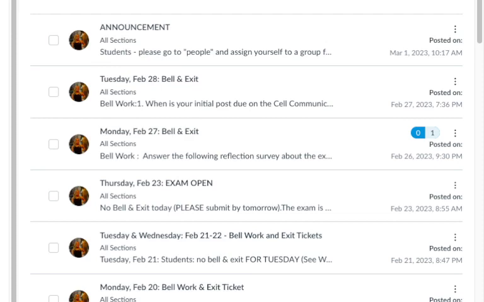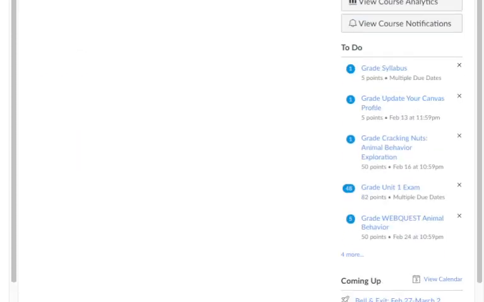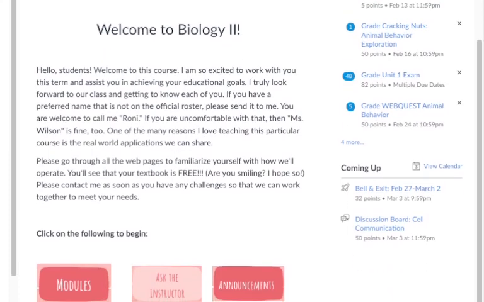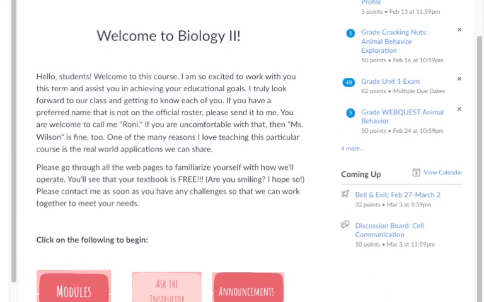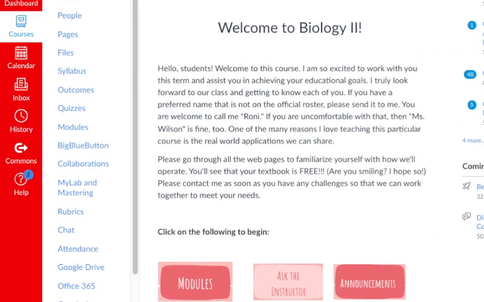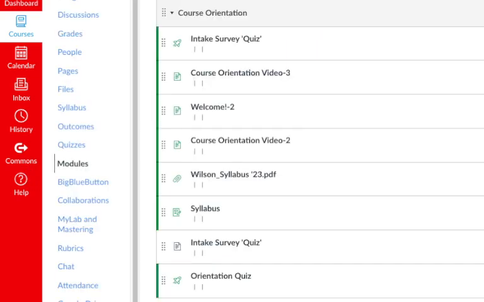And next we'll go to the modules. You can go back to the home screen and click modules down here, or you can simply use the modules button on the left side of the screen. Okay, now hopefully you have all gotten the hang of this.